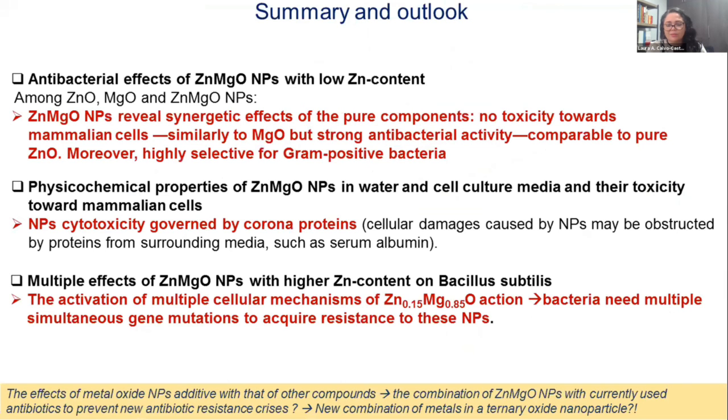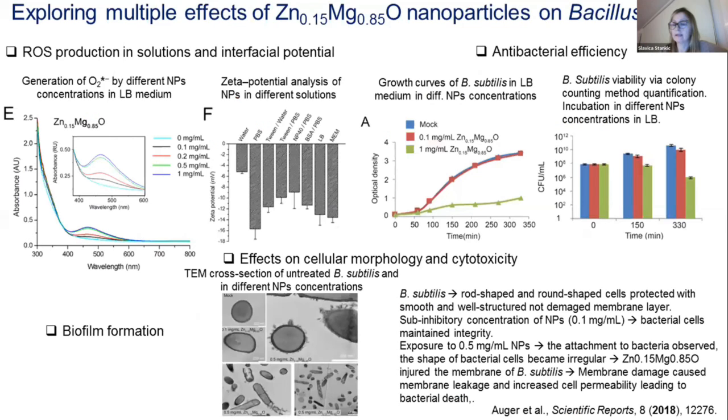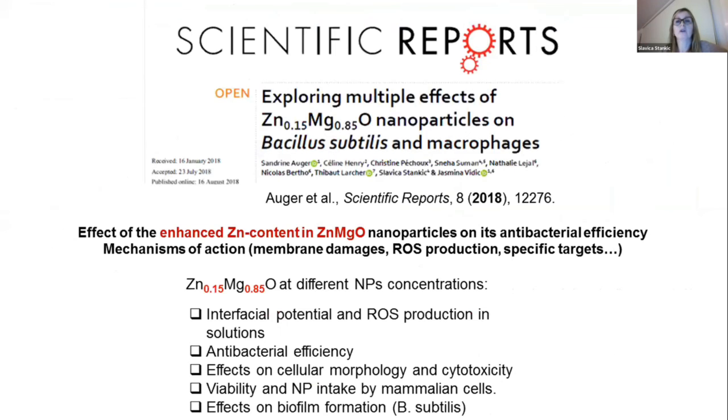So I will switch to the last paper we did on this type of materials, in which we studied how the enhanced zinc concentration in ZnMgO improves the antibacterial efficiency, and we studied a different type of phenomena with B. subtilis.